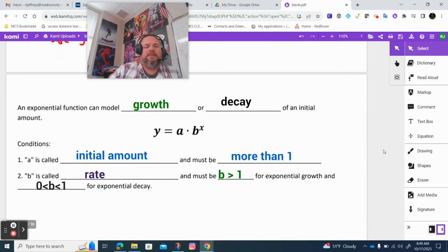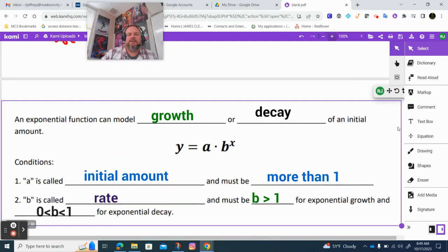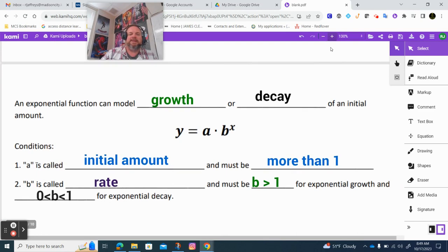All right. So an exponential function, you may want to write this down, can model growth or decay of an initial amount. Growth or decay of an initial amount.